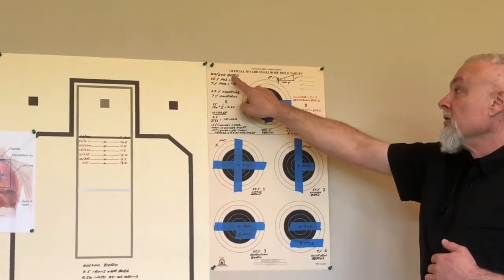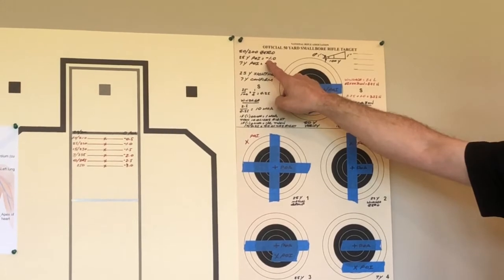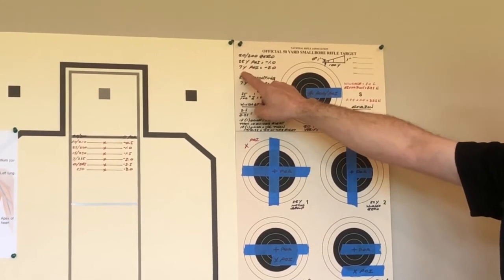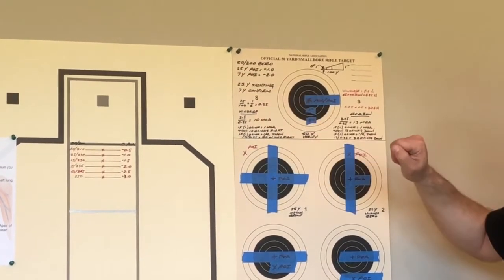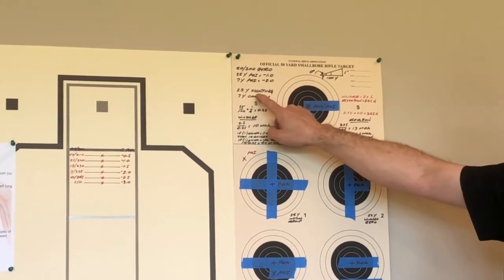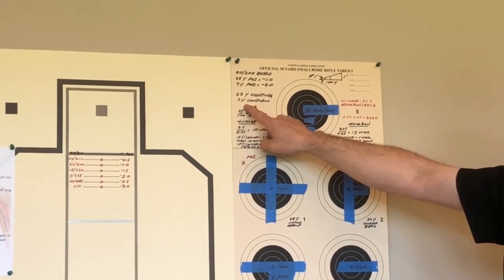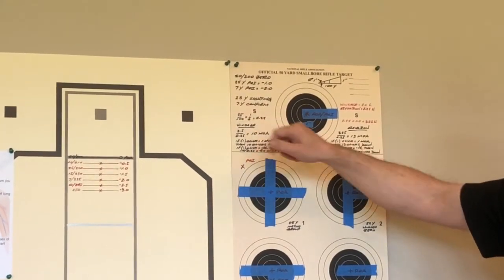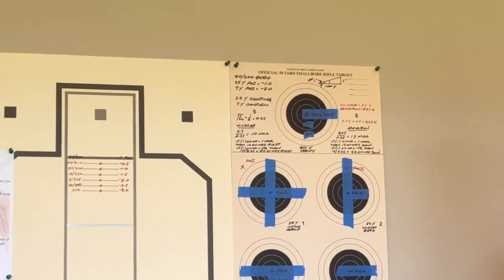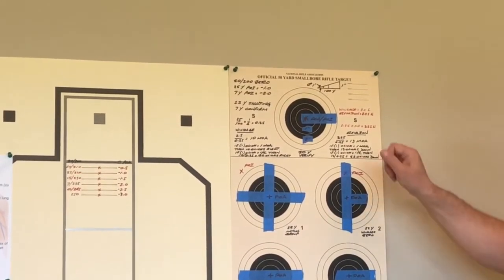Going for a 50 to 200 zero, I document where my point of impact is at 25 and 7 yards. I'm going to do my sighting at 25 yards, and then I'm going to confirm my hits at 7 until I can get to a range that gives me the 50-yard capability to verify.